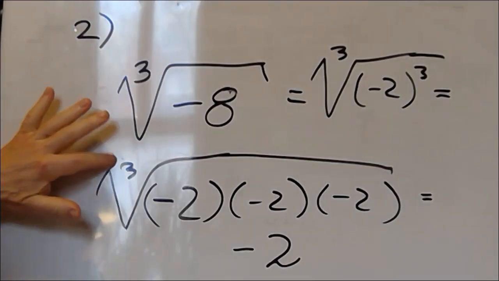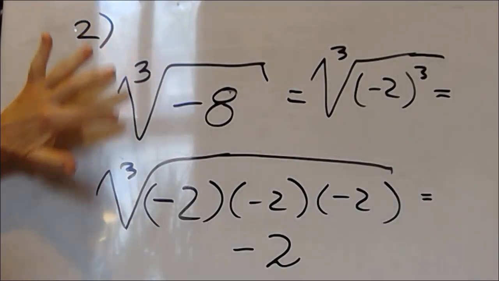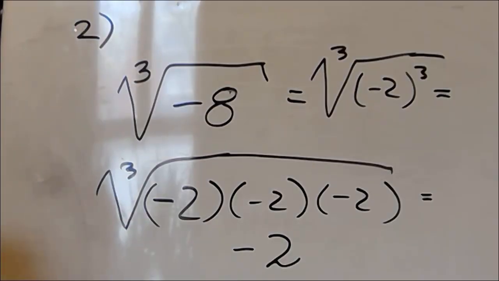So if your index is odd, then you can have a negative sign underneath the radical. But if your index is even, like a square root or a fourth root, then you cannot, and that will indicate to you that we're dealing with imaginary numbers, which we will talk about later on.